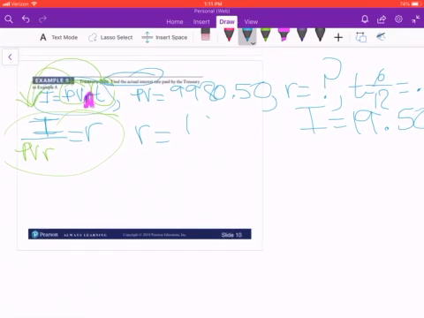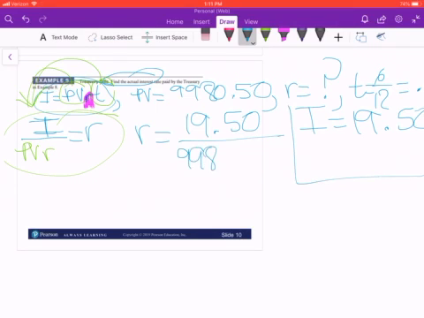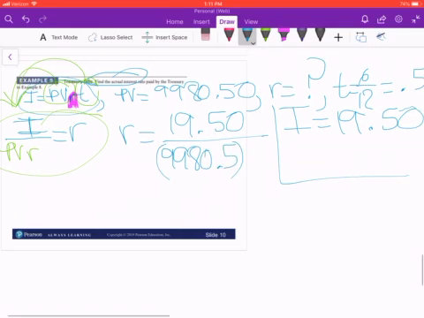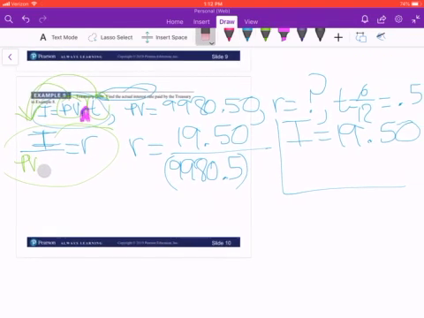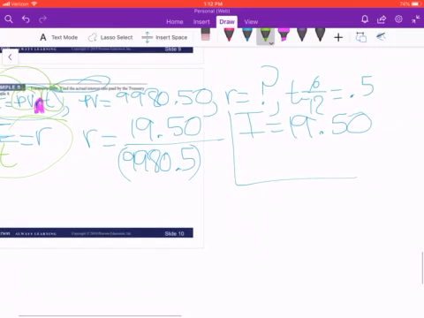So that would be 19.50 divided by the present value, 9,980.50, times, not the rate, I'm sorry, the time. The rate is what we're solving for.